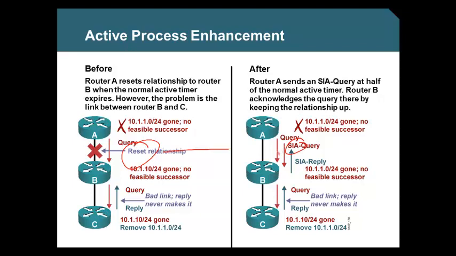Others will not reply because they have already sent the status information. As a result, the router will never go stuck in active. There won't be queries sent unnecessarily to every router. It sends only to the neighbor who really can answer, and they are going to respond back.